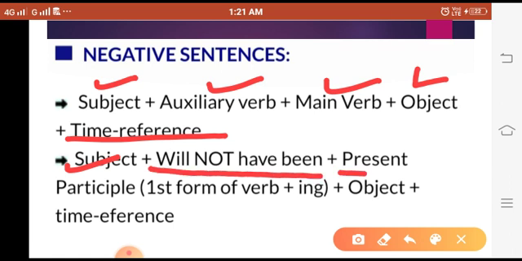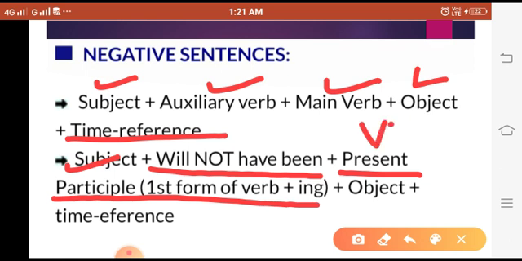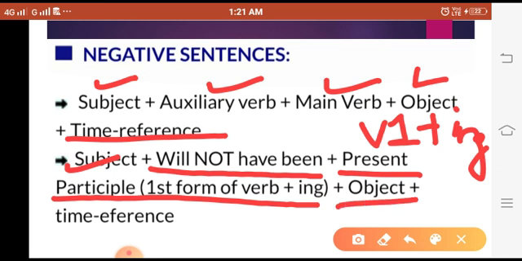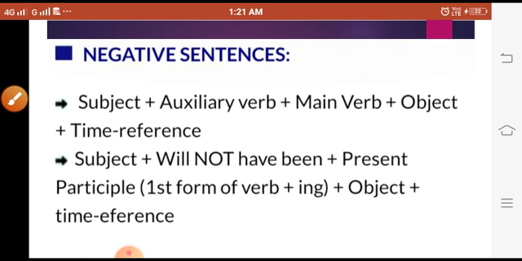And then the present participle form of the verb, which includes the first form of the verb plus ing, and then object with time reference. Now let's see the examples based on the same sentence structure.